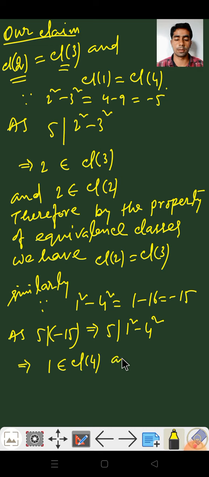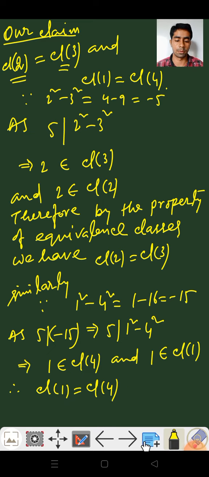And 1 always belongs to the class of 1, and therefore 1 is the common element. By the property of equivalence classes, if they have a common element then they are equal, and if they do not have any common element then they are mutually disjoint. Therefore, class of 1 equals class of 4.